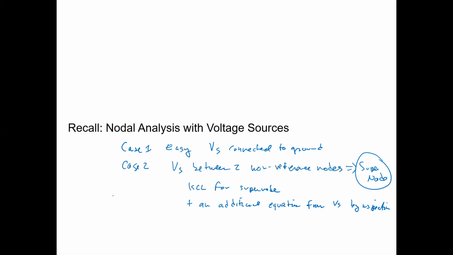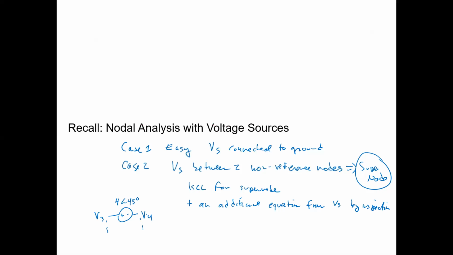So if you have sort of a V3 and a V4, with a circuit and other stuff here, this is a V4, that's a V3. The by-inspection equation.